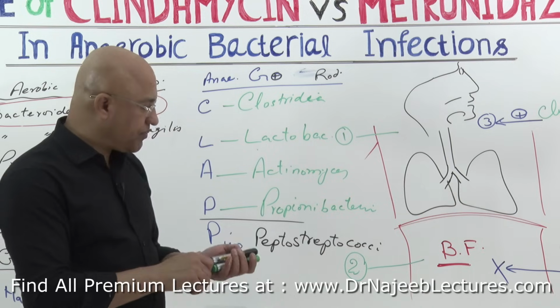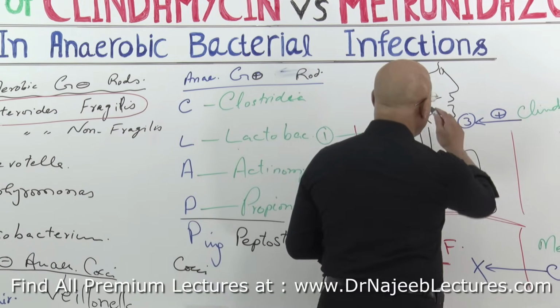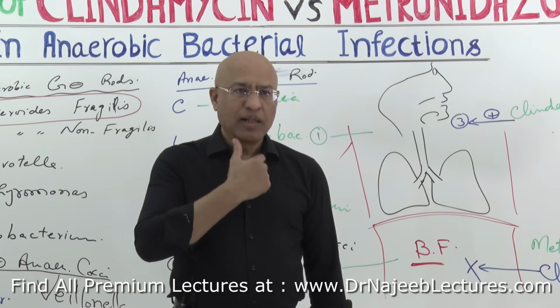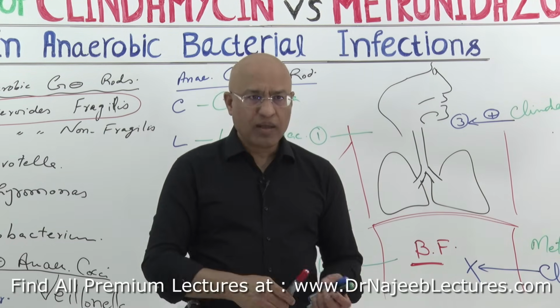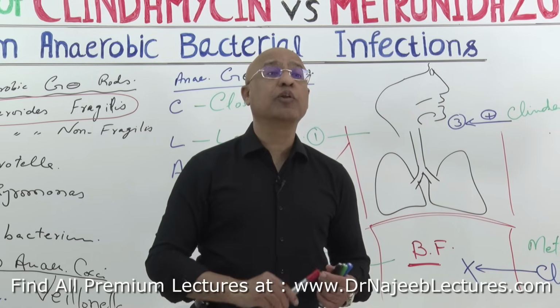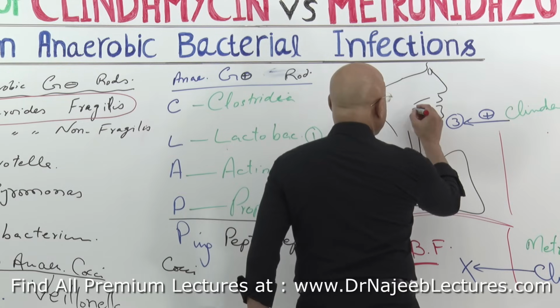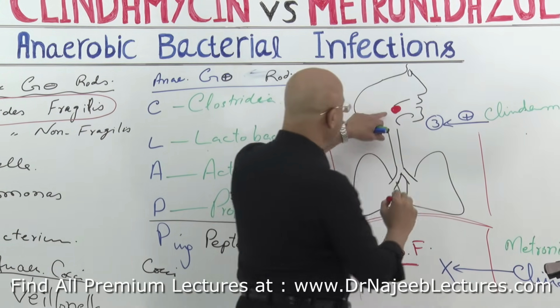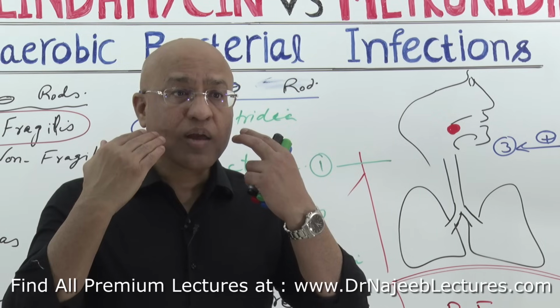For example, if I talk about oropharyngeal microbiota, in oropharyngeal microbiota, it is very, very rich in anaerobic organisms, right? Suppose this is oropharyngeal microbiota, this is representing actually your whole oral cavity, right?